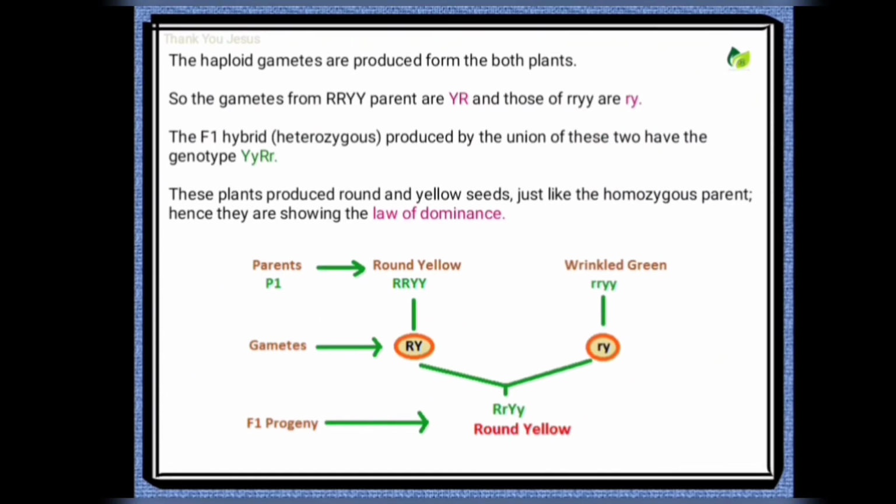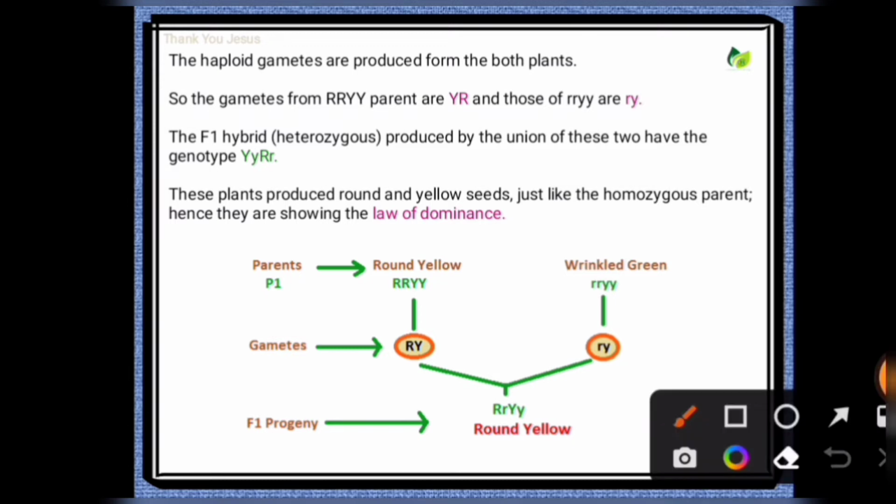The haploid gametes are produced from both the parents. The gametes from RRYY are capital R, capital Y, and those from rryy are small r, small y.